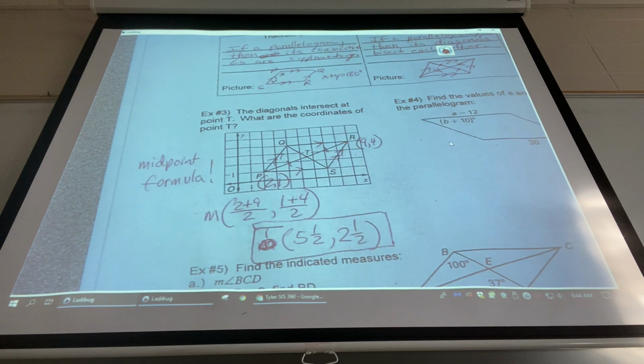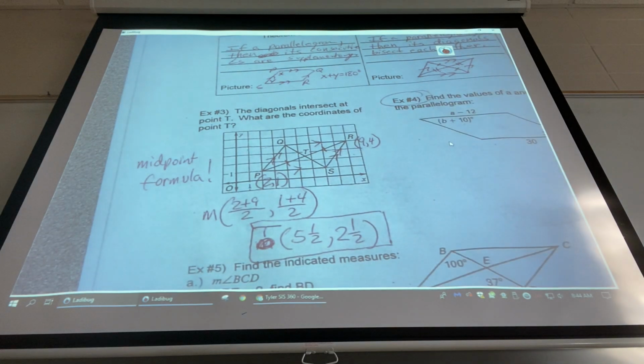And why don't you guys work out example 4, and I'll be quiet, and I'll take roll, and then I'll work it out. See if we agree. And once you feel good with example 4, we'll move on to example 5.